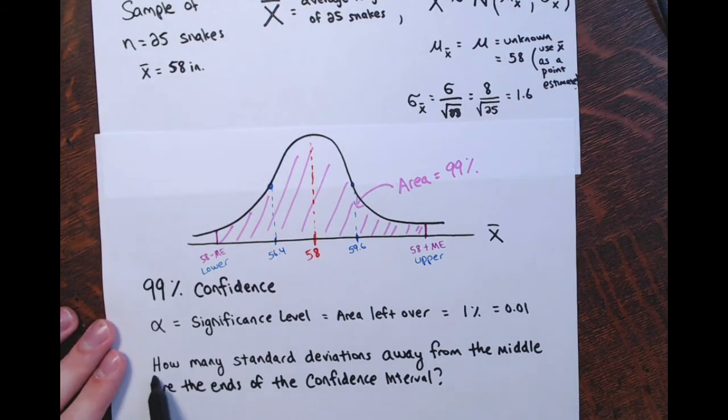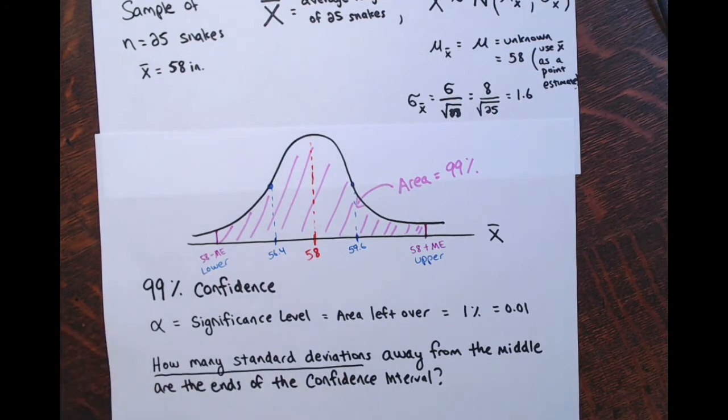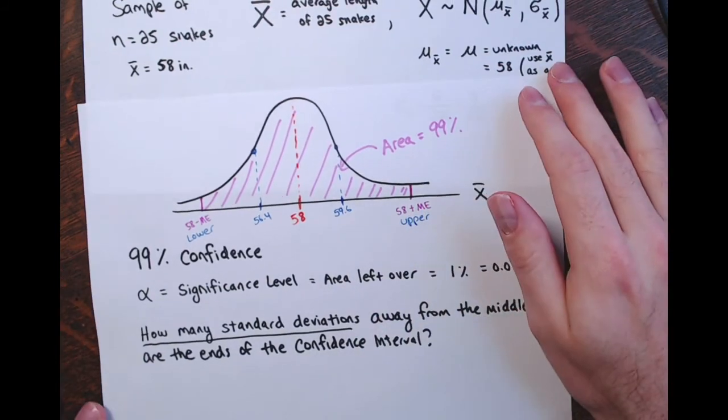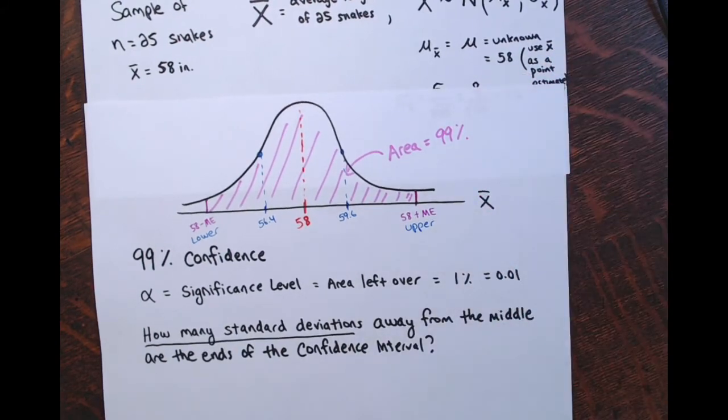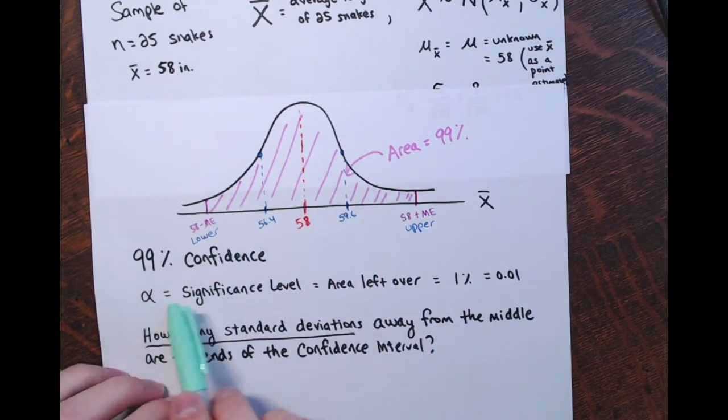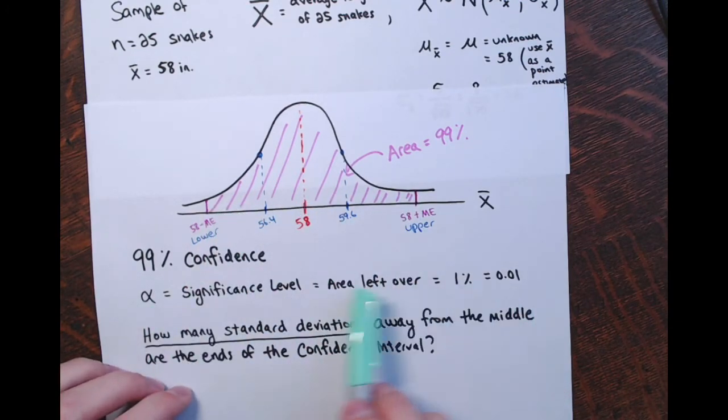Well, how many standard deviations, that's a z-score. Remember z-scores? So what I'm trying to do is find a z-score with a certain amount of area above it or below it. Now, if there's 99% between these two, that means there's 1% left. That's the alpha.